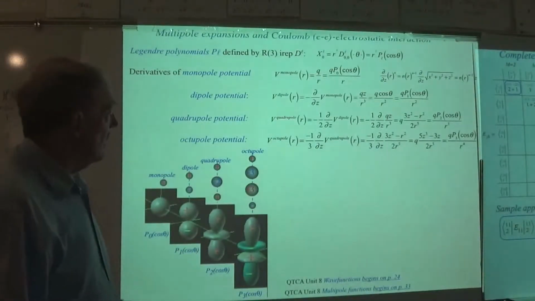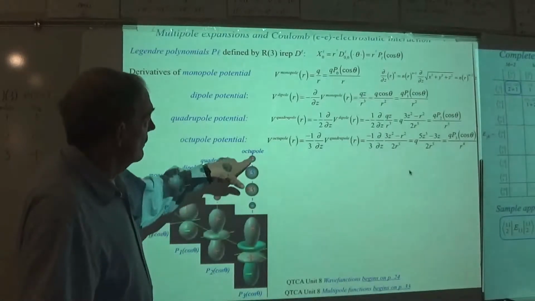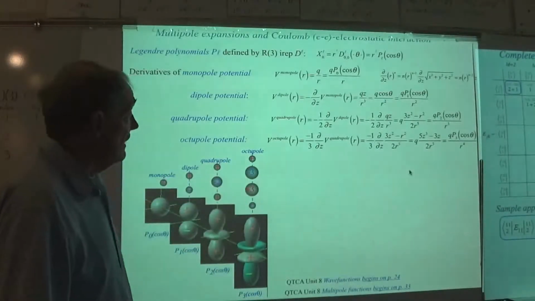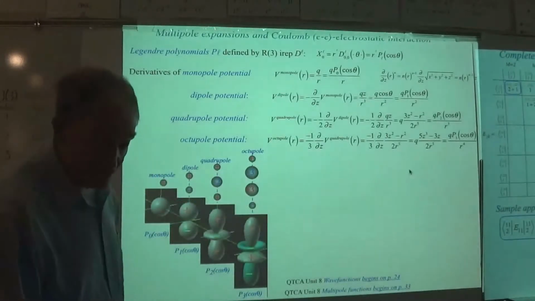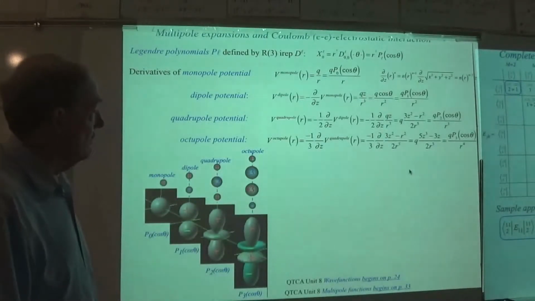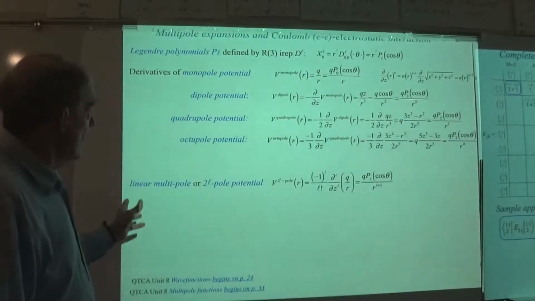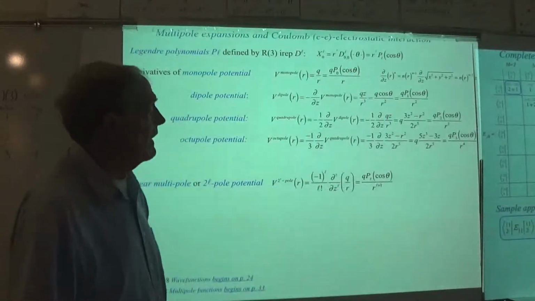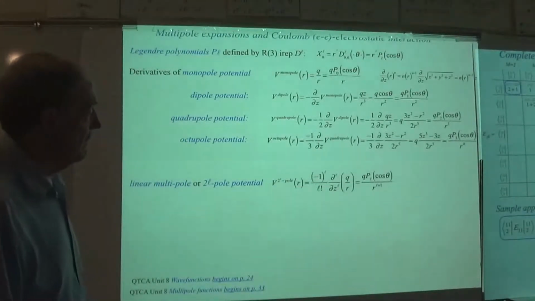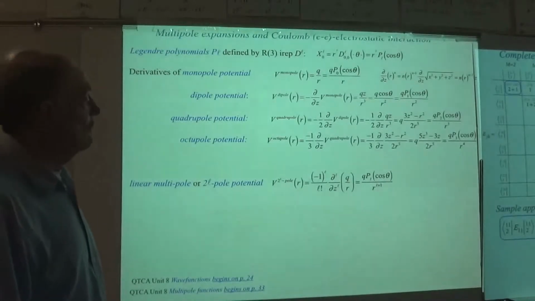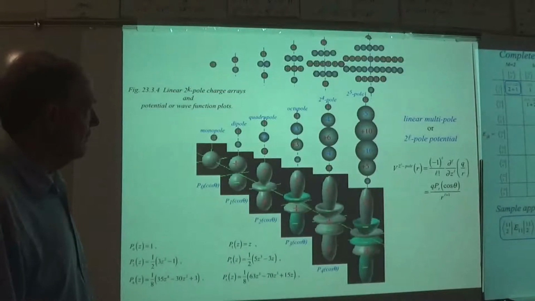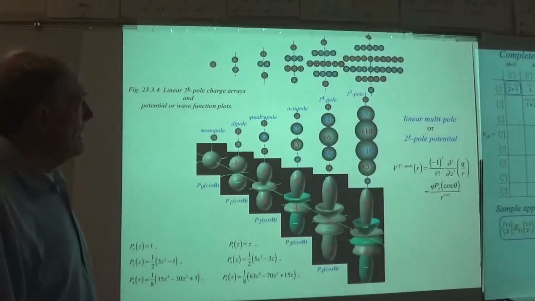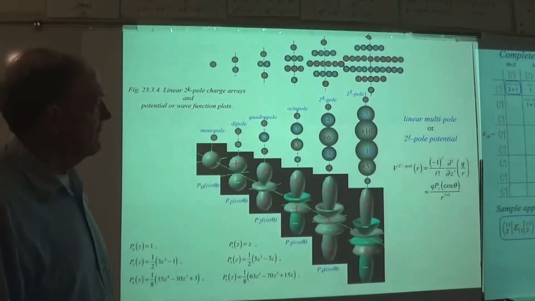There's 3 things, and 1 is 4, and there's another 4, that makes 8. So the Pascal's triangle of charges is lying above these things. And the general case is that derivative right there. The Lth derivative gives you a 2 to the L pole. I should have used the letter K there actually, but we'll be doing that enough later on.